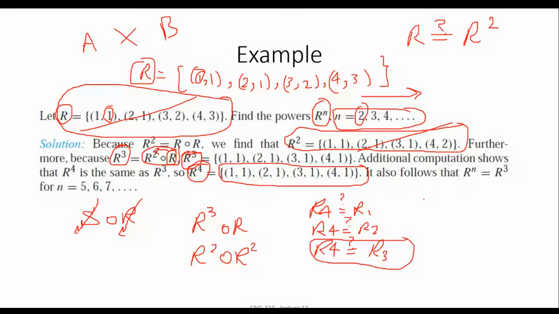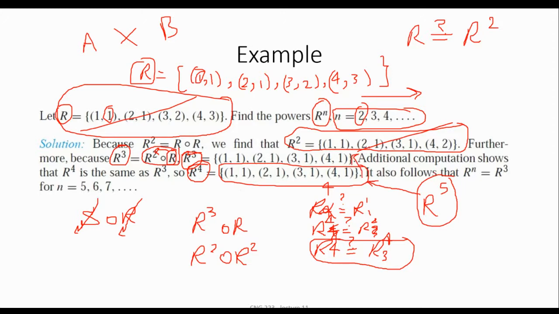And if you try to come up with R power 5, by the way, when I write R4 like this, I mean R power. Okay, write it above it so that we know this is power. I named them, but actually I mean power. So when I talk about R5, again, R5 will be exactly the same as R4, which was exactly the same as R3.